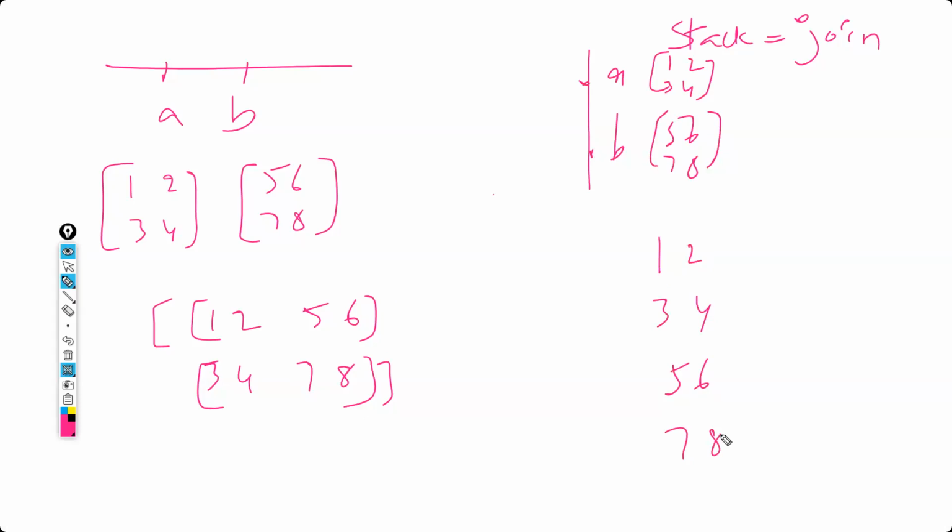Top and bottom is called vertical stack. Side by side is called horizontal stack. Now in this case, what are you going to get? A shape of 4 rows with 2 columns. 2 of them are combined into 1.